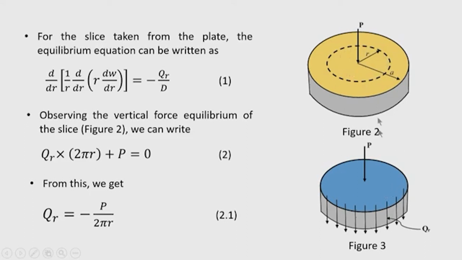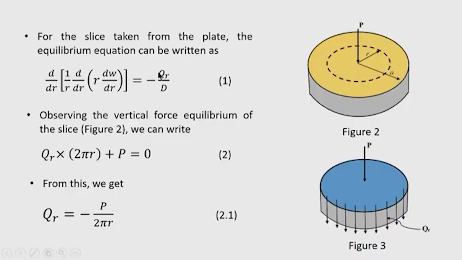This slice is considered here, and especially to relate the shear force to the externally applied load, we will consider the equilibrium of the vertical forces. The free body diagram showing the vertical forces is shown in this figure, and now we can write the differential equation of the plate relating the third derivative of the deflection to the shear force per unit length.